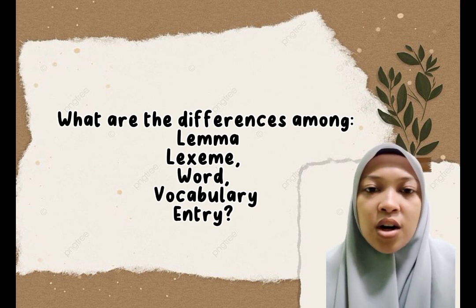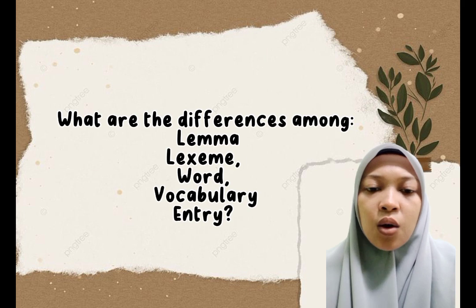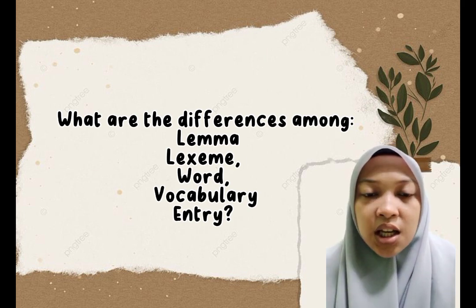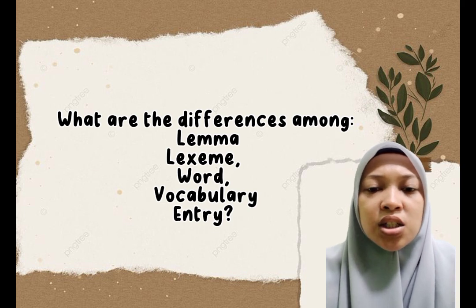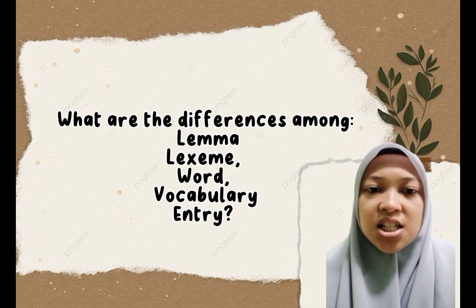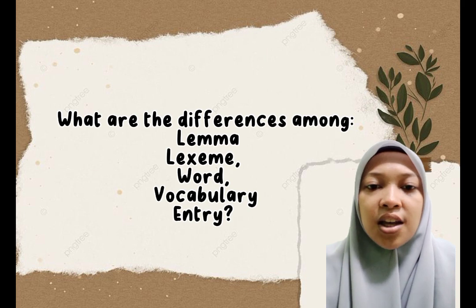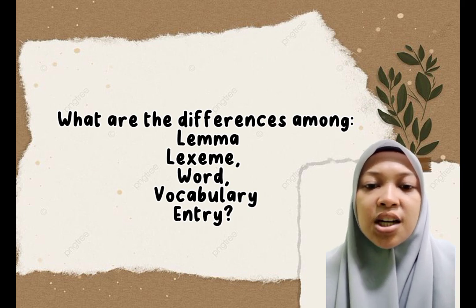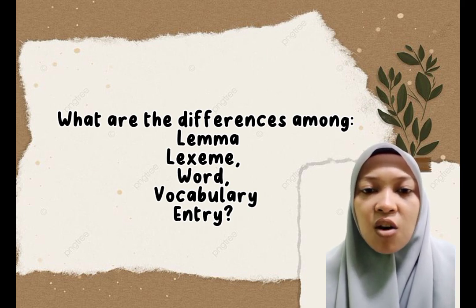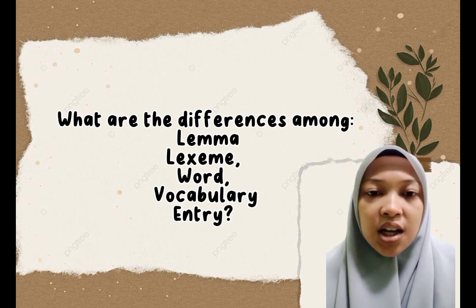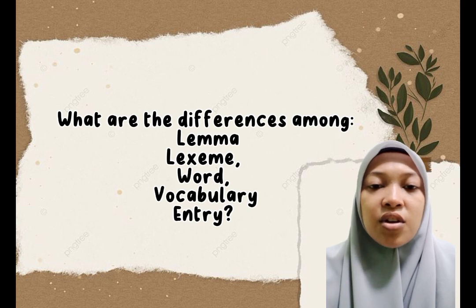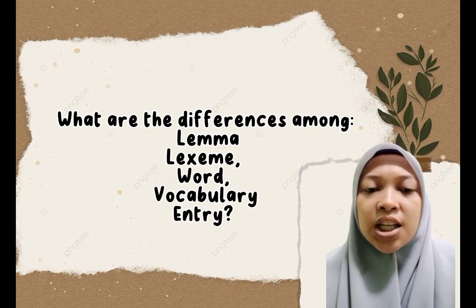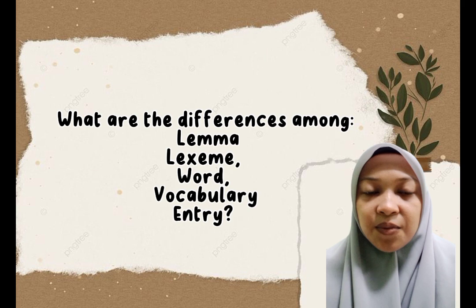Word is the smallest unit of language that carries its own meaning and can be used independently in a sentence. Vocabulary refers to the set of words or lexemes understood or used by an individual or within a language.